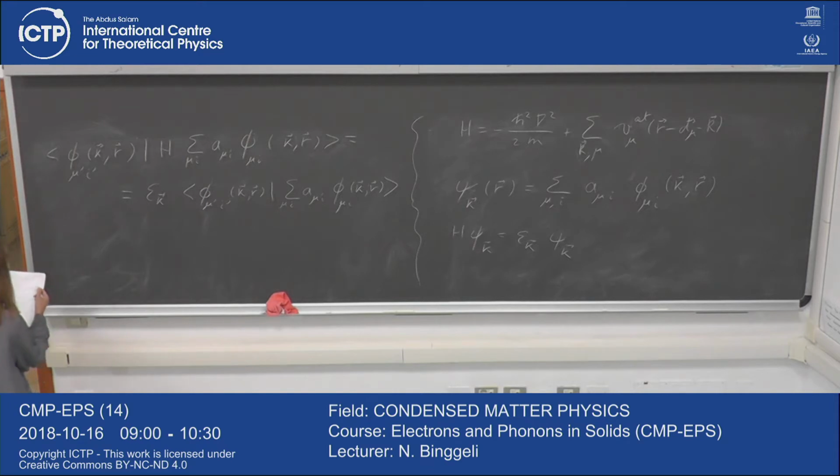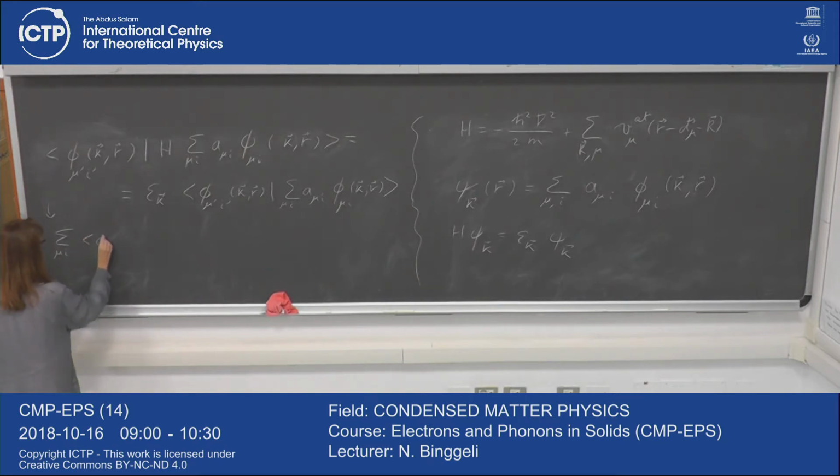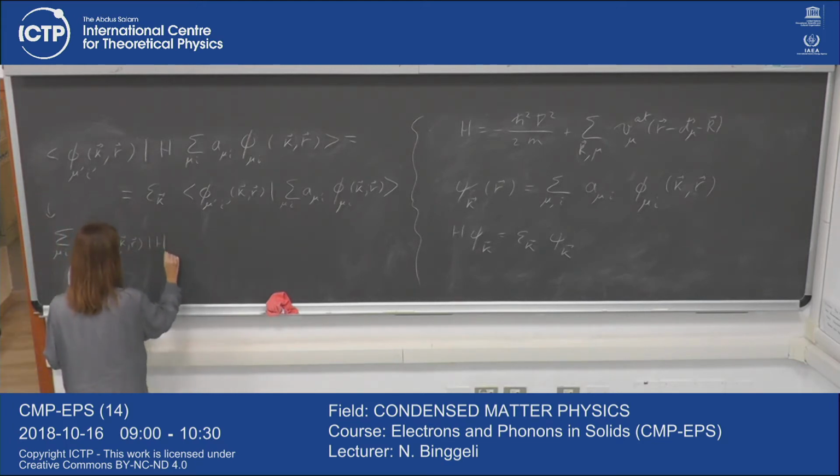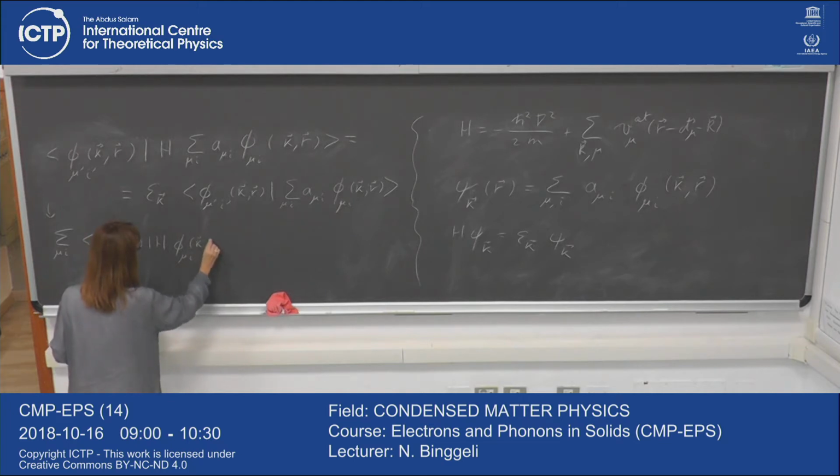So now I can rewrite this as a sum. I can take out the sum over mu I, and I have phi mu prime I prime of k r, H, phi mu I of k r.